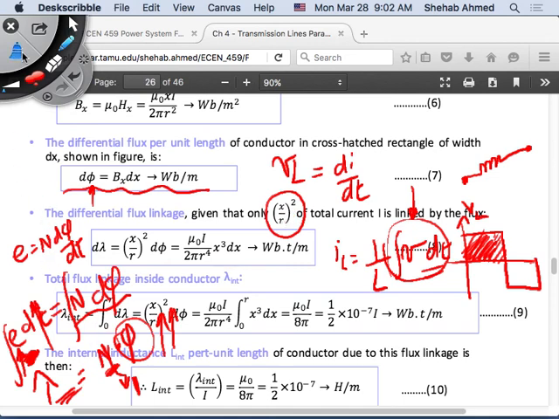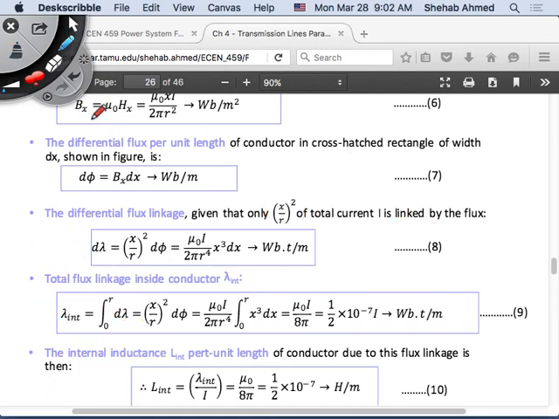So here I calculated B, which is the flux density. I want to calculate phi. The objective is to calculate lambda, right? But I know lambda and phi are linked by the number of turns. The number of turns is either 1 if I'm linking the full conductor, or less than 1 if I'm linking a portion of the conductor.